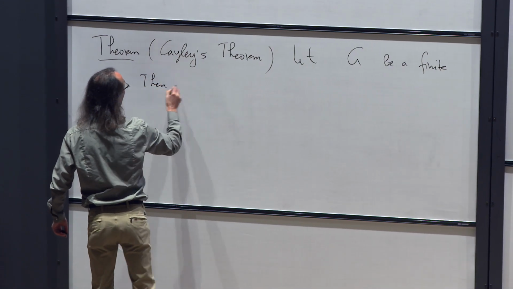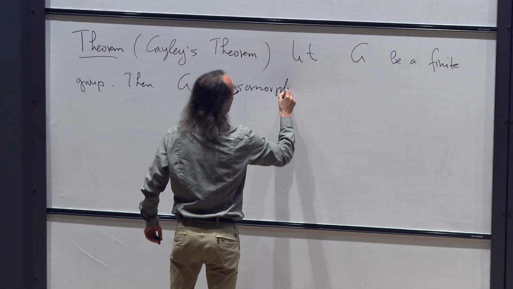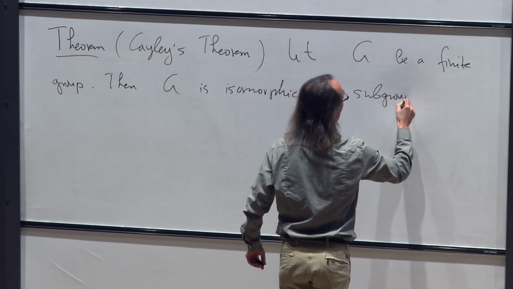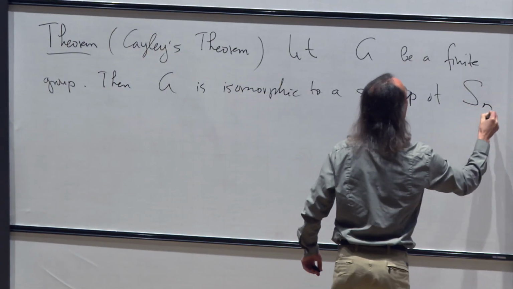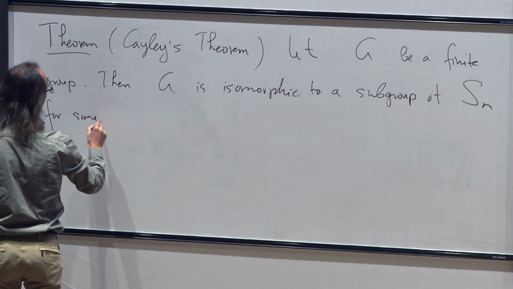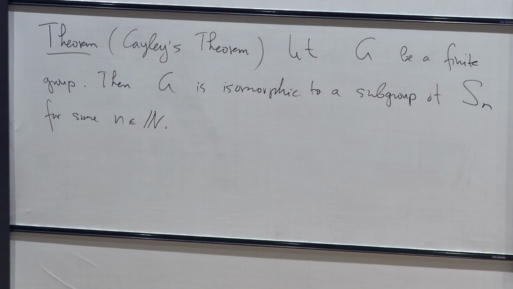Then G is isomorphic to a subgroup of the symmetric group Sn for some n. Okay.